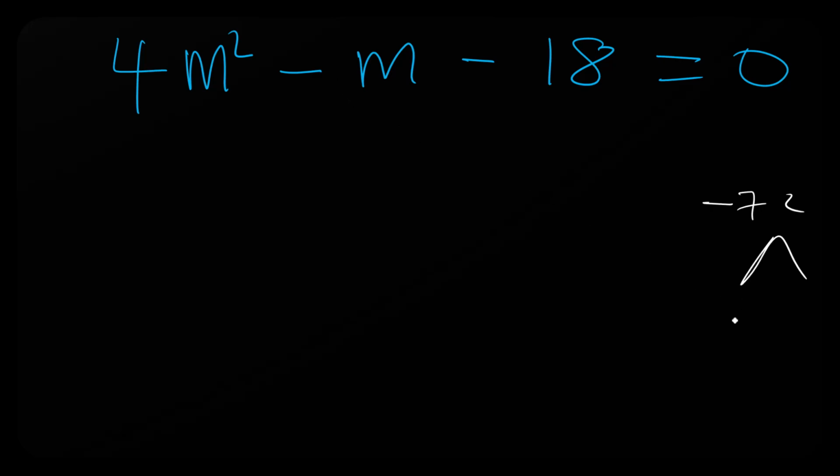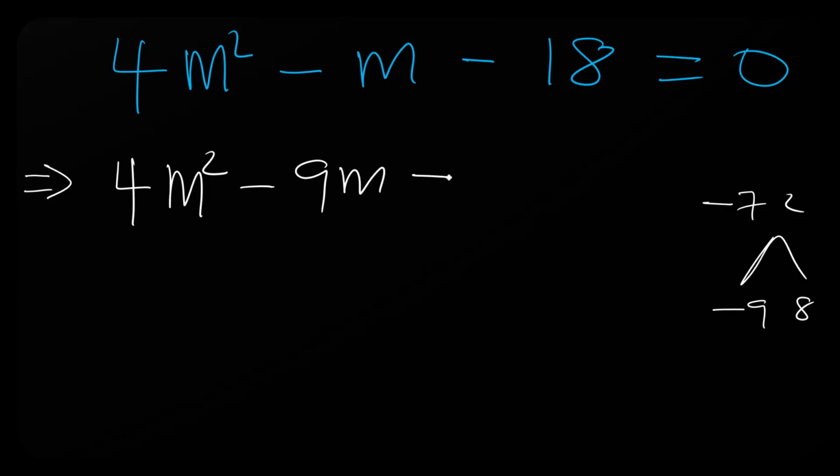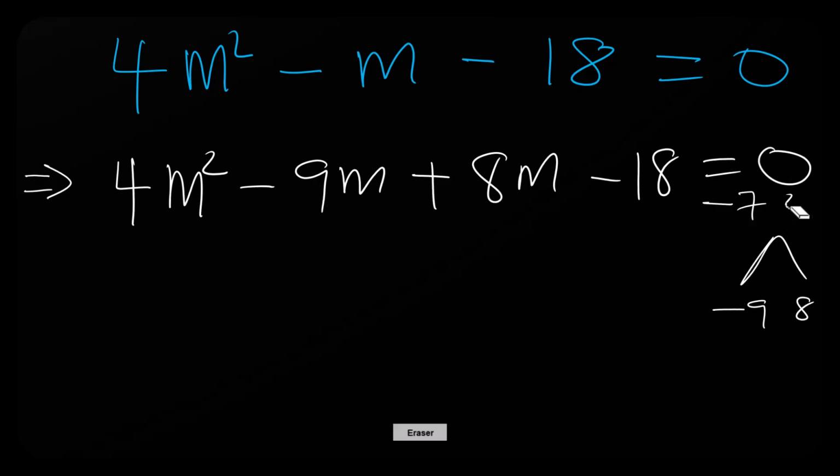We know 9 and 8, so minus 9 and 8: minus 9 times 8 is minus 72, and minus 9 plus 8 gives us negative 1. So we are free to go. We have 4m squared minus 9m plus 8m minus 18 equals 0.